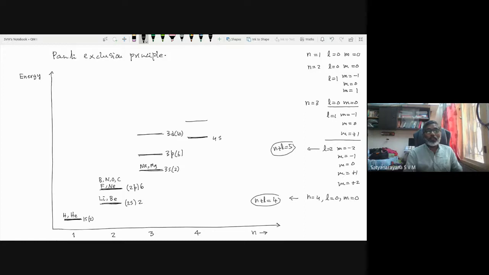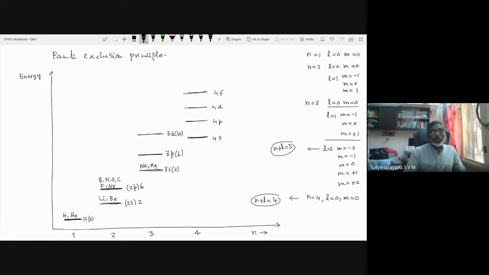Then you will have 4p. Then you have 4d. And then of course you also have 4f. Okay. So this 4s will have smaller energy than 3d because of this n plus L rule.